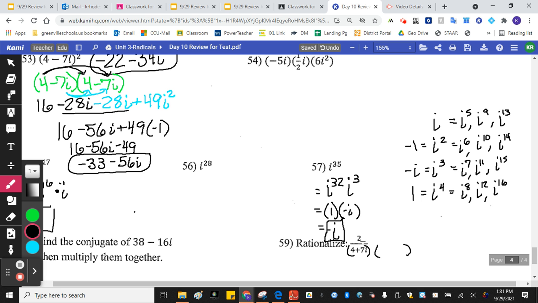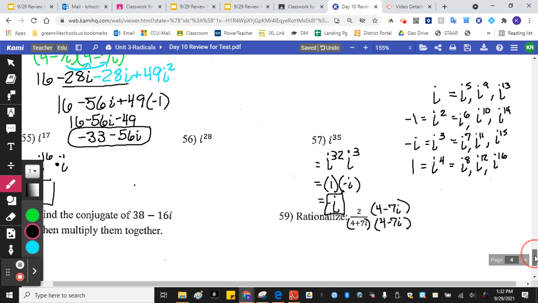So on the bottom, what is the complex conjugate of 4 plus 7i? 4 minus 7i. You do that to the top and to the bottom. The whole purpose of that is to get the imaginary out of the denominator. By multiplying by the complex conjugate, that gives you back real numbers. Gets you away from i on the bottom.